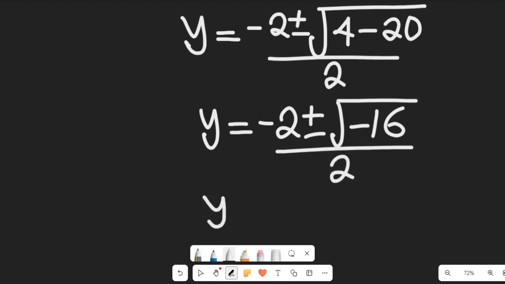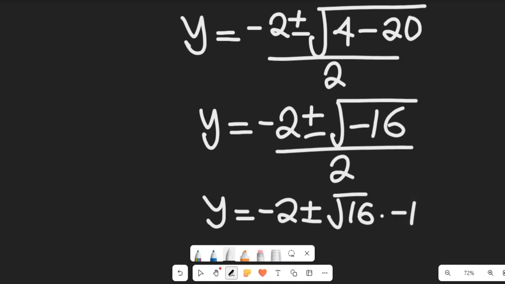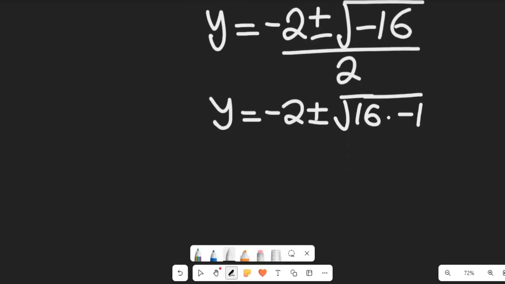So y can be equal to negative 2 plus or minus the square root of 16 multiplied by negative 1, and this can be divided by 2.